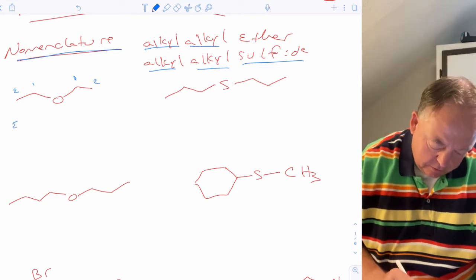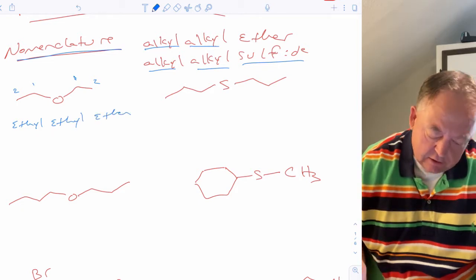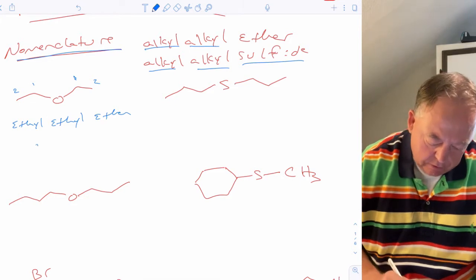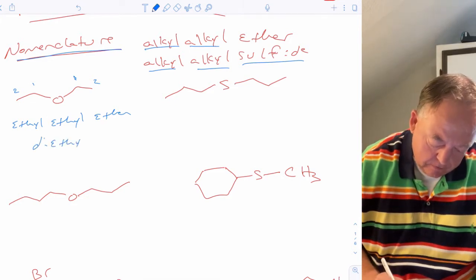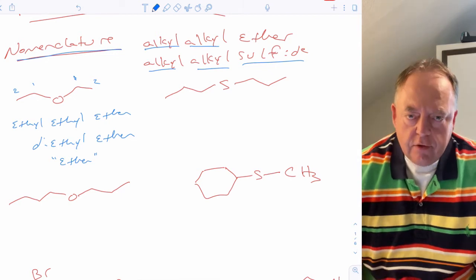So this would be ethyl ether, or since they're both the same alkyl group, then you would just call that diethyl ether. So when somebody says ether, they're probably talking about diethyl ether.